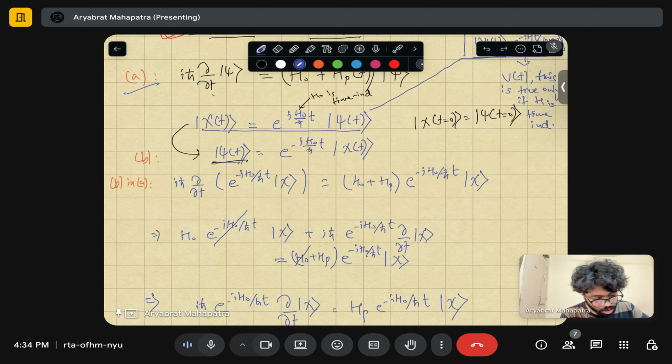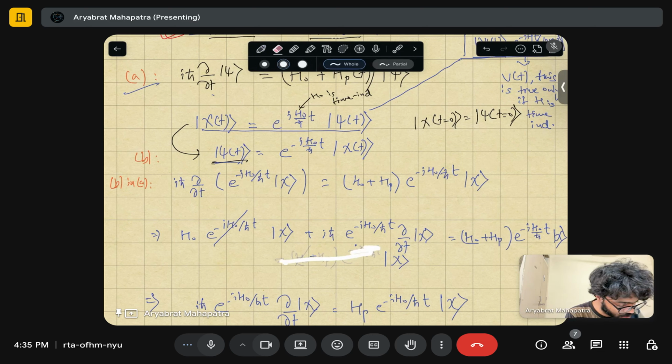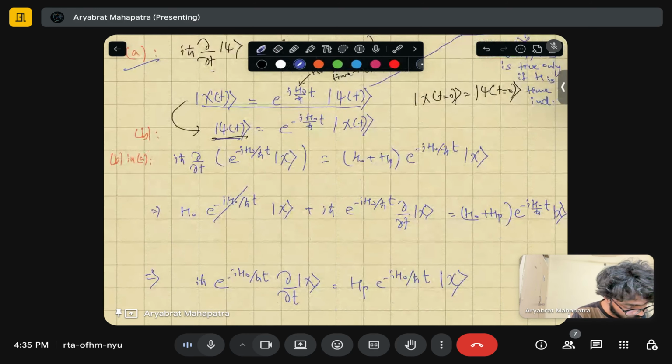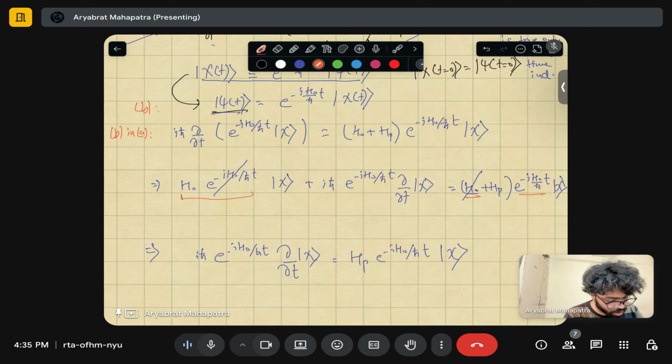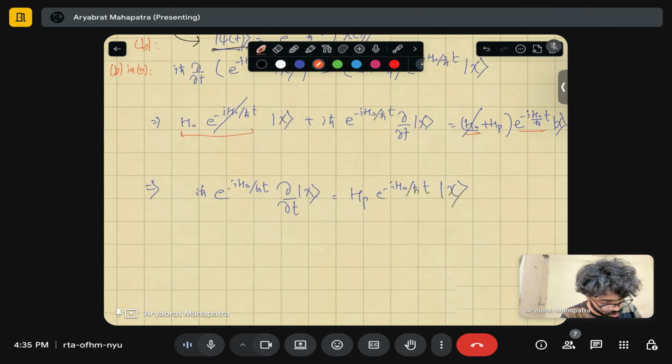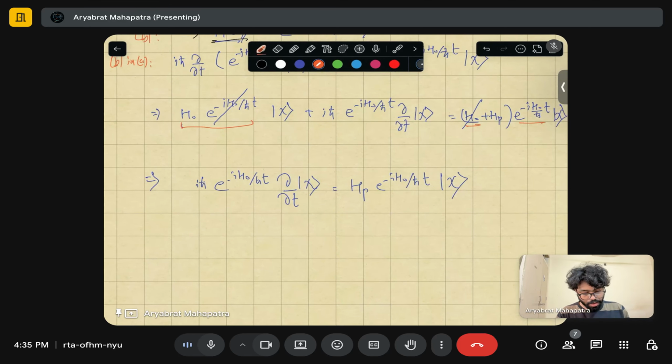Then I can write here, this is h0 plus hp times exponential minus I h0 over h bar t chi. From here you can see this h0 times exponential minus I h0 over h bar t will cancel with this term. So you have only this.